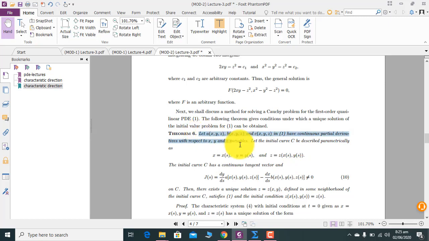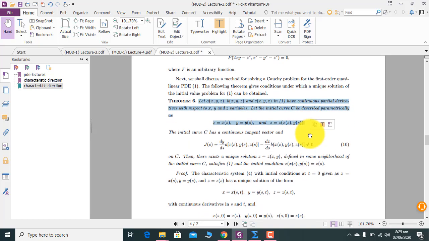So let us say that A of x, y, z, B of x, y, z and C of x, y, z, which were the coefficients and the right hand side in equation 1, have continuous first order partial derivatives with respect to x, y and z, and let the initial curve C be described parametrically. If you remember, I had given you a video lecture in which I described that we parameterize the initial curve and also the obtained characteristic curves.